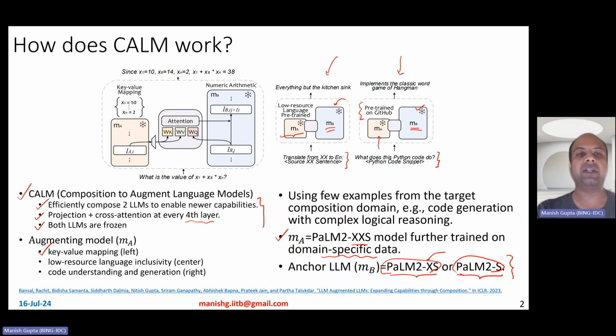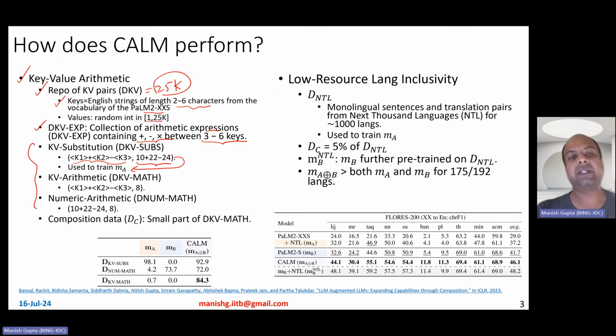Remember, I told you MA knows how to do key value mapping, and the way it is trained is by taking these arithmetic expressions with the keys as input and mapping them to an equivalent expression with the values in the output. Okay. Key value arithmetic is the target task dataset, which takes those keys, the arithmetic expression, and comes up with the value. And then, of course, there is the standard numeric arithmetic dataset, which the MB model is really good at solving anyway.